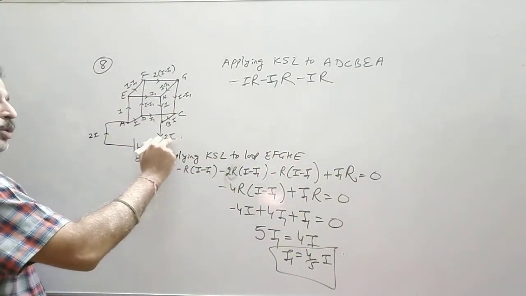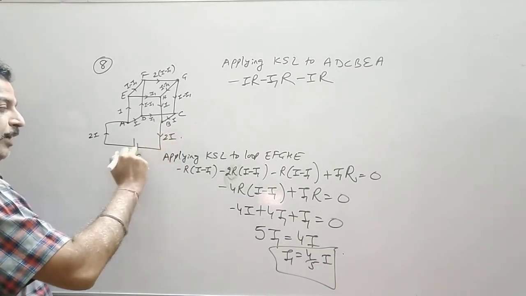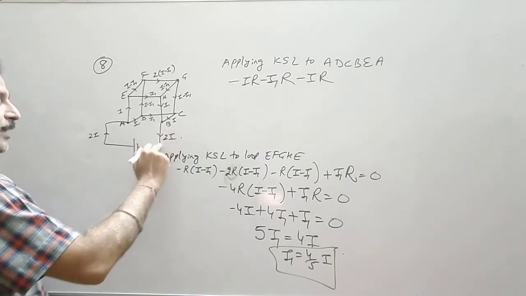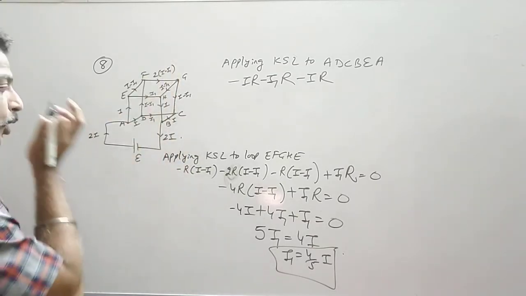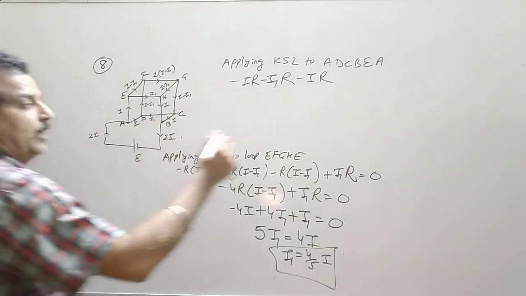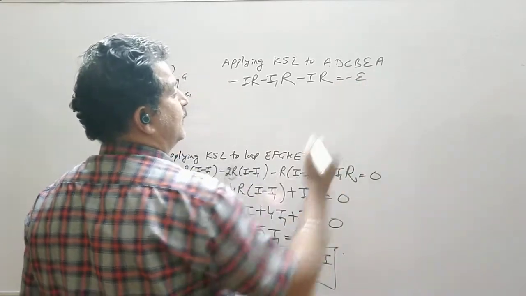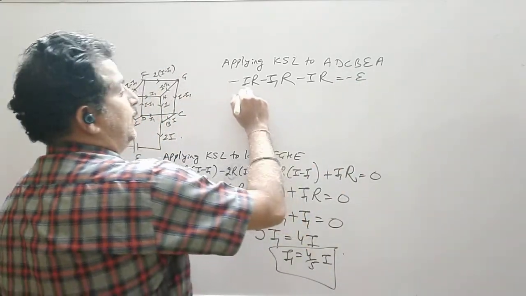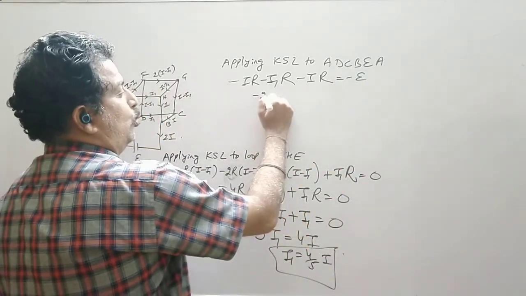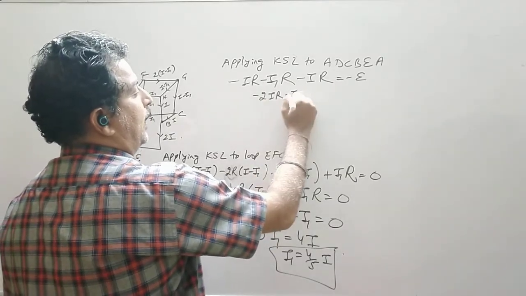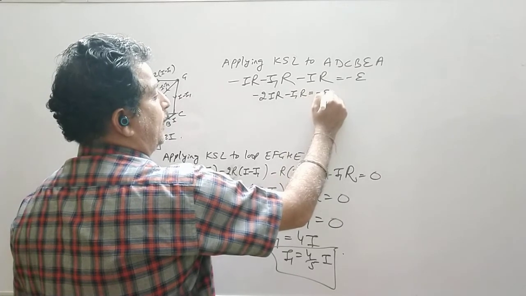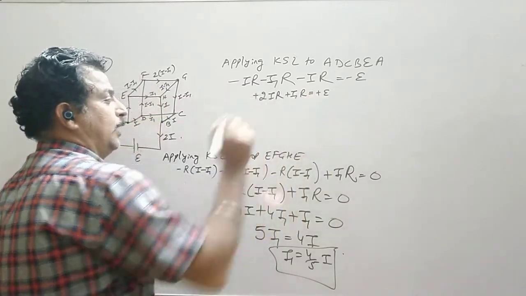Don't take this as I because this is only an external wire. We have the resistance of the cube only, that of each side of the cube. We come across the negative terminal, so minus E. So minus 2IR minus I1R is equal to minus E. We remove the negative sign.